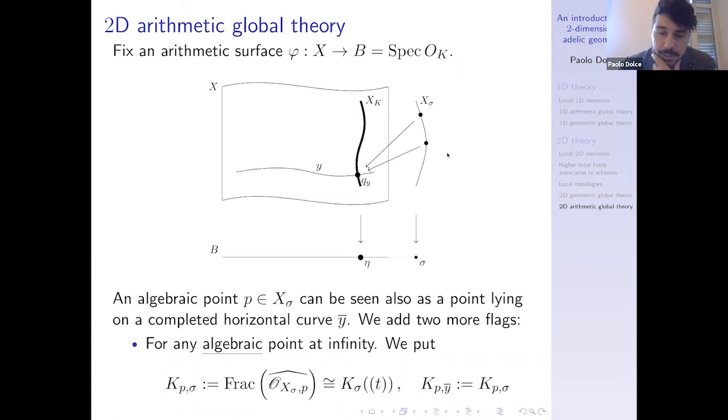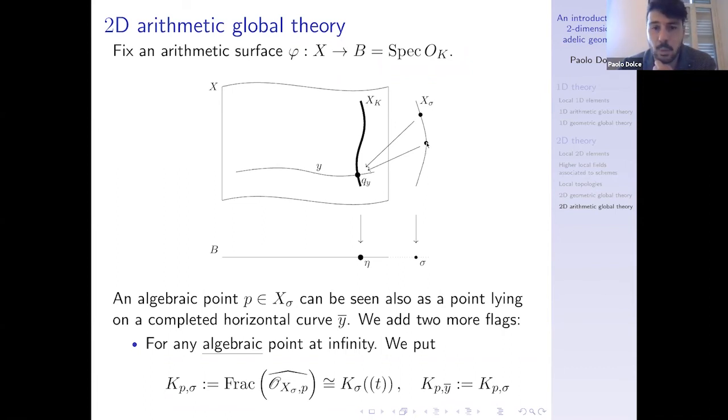So I was saying that to the flag, the point lying on the horizontal fiber, on the vertical fiber at infinity, you have this Laurent power series over R or over C. But there is another flag, another point-curve pair, which wasn't noticed in the past. This is actually the new bit of this completed adelic theory.